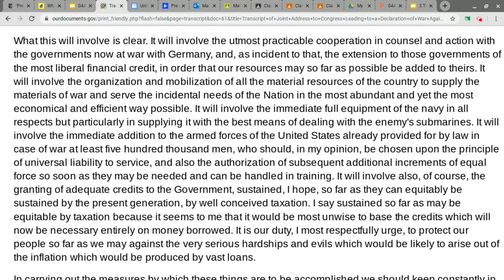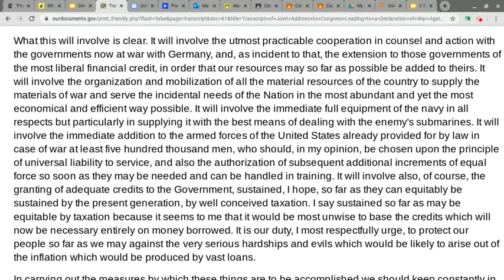It will involve the organization and mobilization of all the material resources of the country to supply the materials of war and serve the incidental needs of the nation in the most abundant and yet the most economical and efficient way possible. It will involve the immediate full equipment of the Navy in all respects, but particularly in supplying it with the best means of dealing with the enemy's submarines.